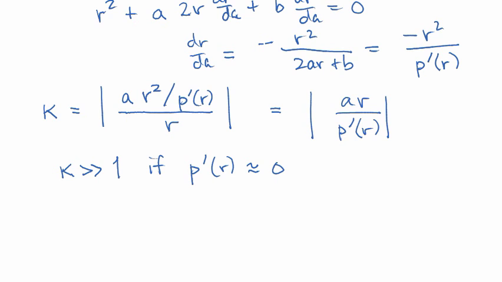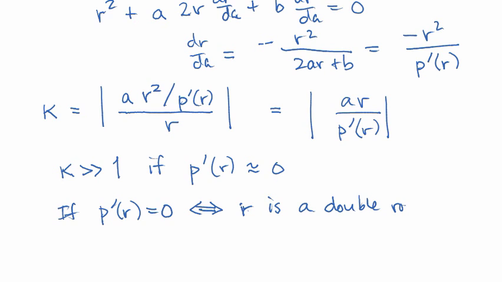Now, you might remember about a polynomial that if p prime of r is actually equal to 0, that's the same thing as saying that r is a double root. We would just have x minus r squared as the polynomial.